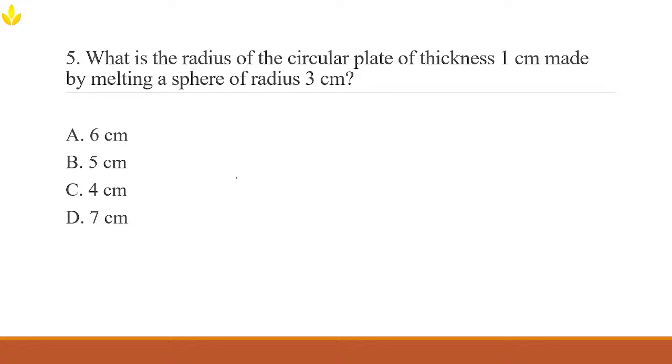Okay. What is the radius of the circular plate of thickness 1 centimeter made by melting a sphere of radius 3 centimeter? So this is a geometry question where we need to equate the volume of the circular plate and the volume of the sphere.